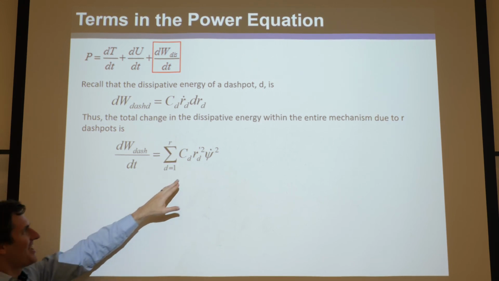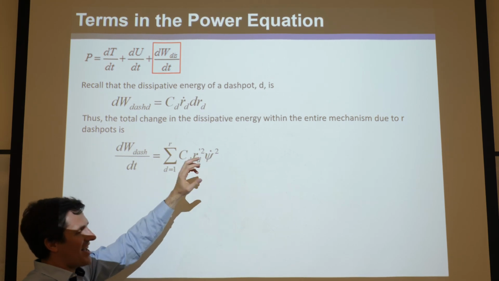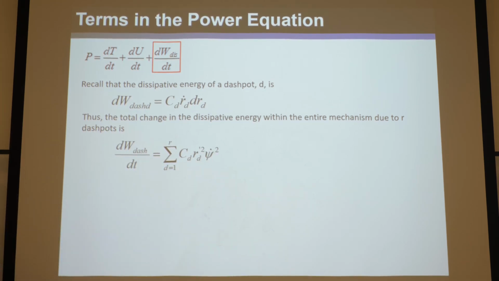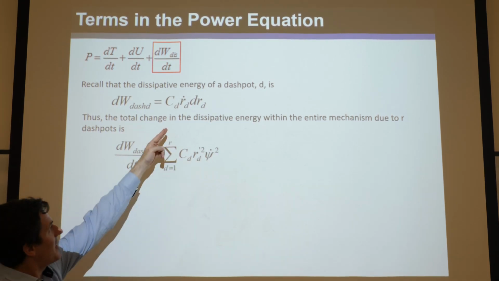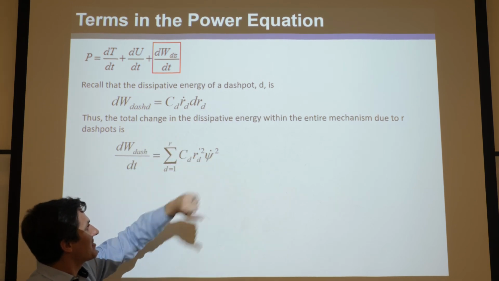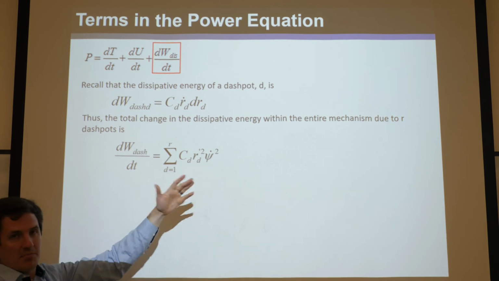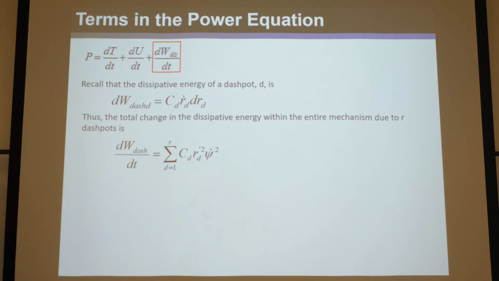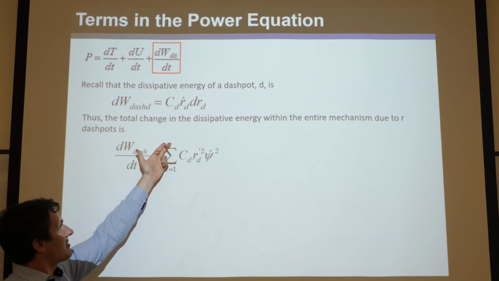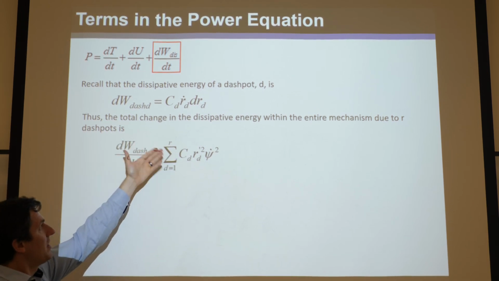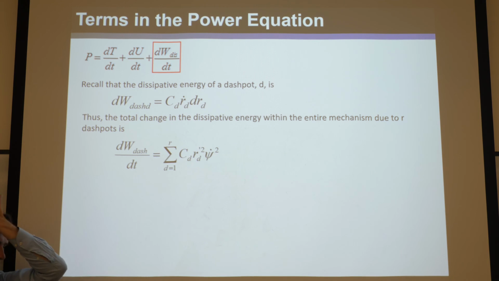That's really confusing to say. So R_D prime times phi dot is R_D dot, right? You know that. And so if it's R_D dot squared up here, then that's just both of these things squared. Okay, and again, the index is D, and we start at 1 because no dashpot's going to be ground. You start at 1, and in this case, say there's R dashpots. So say there's 4 of them. You add them all from 1 to 4. Okay?